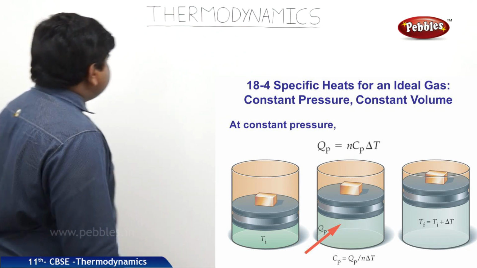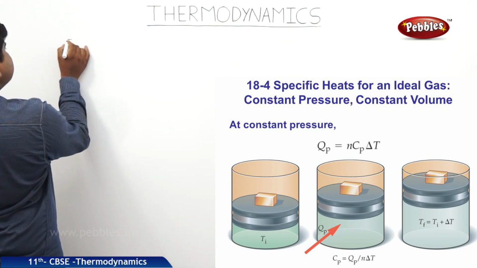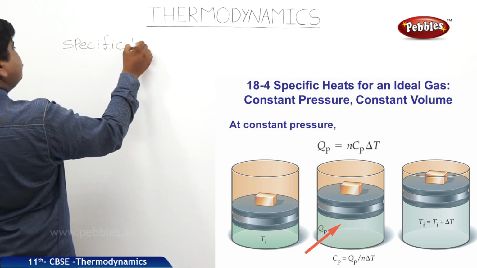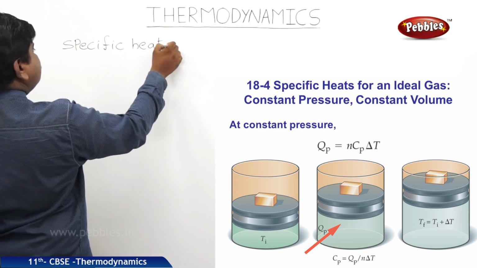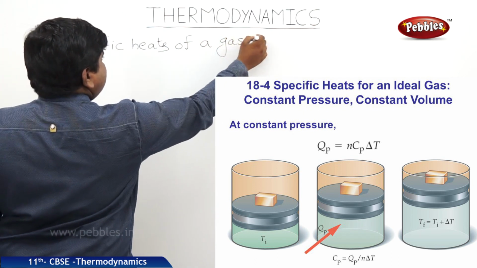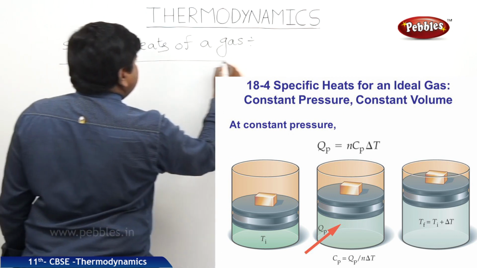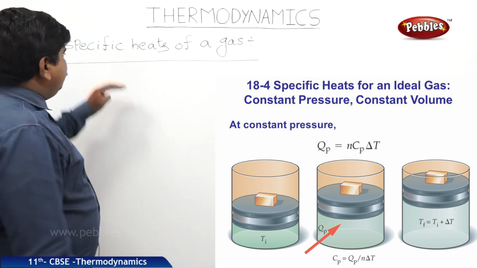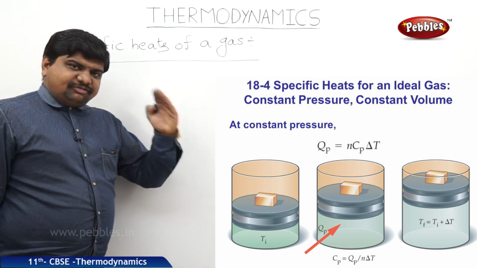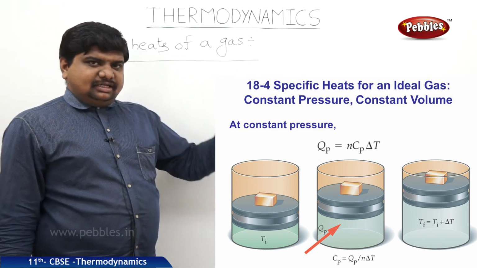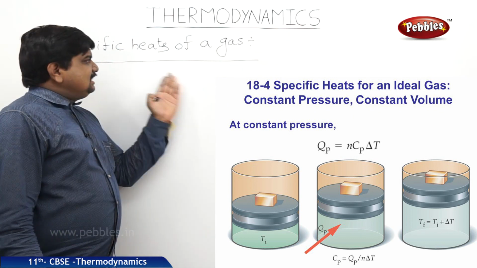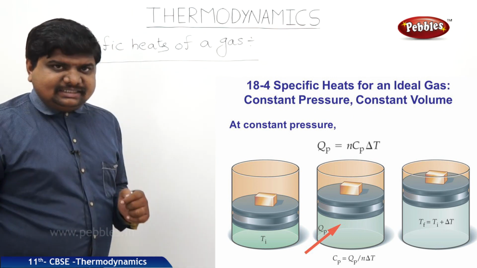The next concept is specific heats of gas. The general definition of specific heat from thermal properties of matter is the amount of heat energy required to raise the temperature of a body by 1 degree Celsius.